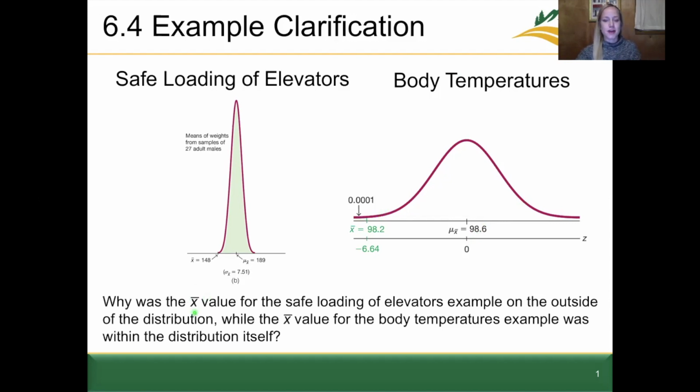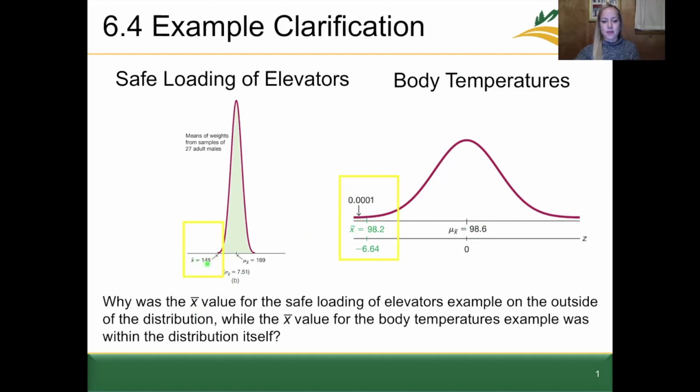The x bar value for the safe loading of elevators example was on the far left side of the distribution, so it wasn't even within the range of the distribution, while for the body temperature example, the x bar value did fall in the range of the distribution. So I wanted to point out why that is. Why were these cases different?